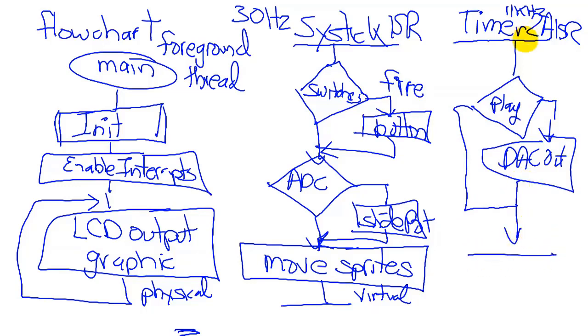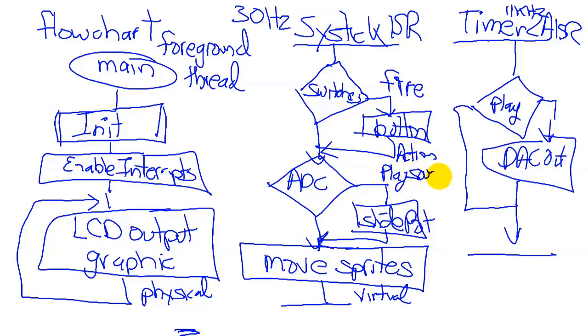And notice that this interrupt service routine separates the action of playing the sound from the action of playing the game. So you're saying that it's possible that when I choose to fire, I want to produce a sound. Yeah. And so I schedule the action, but the action itself is performed in the timer ISR.